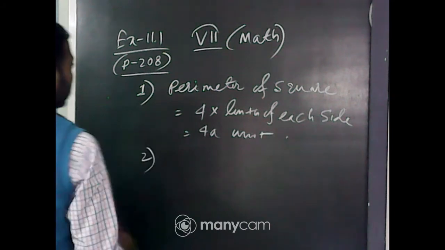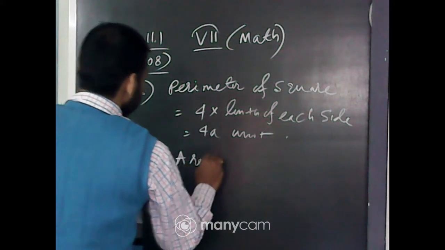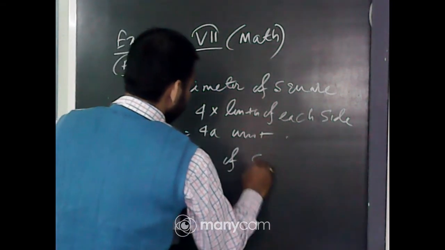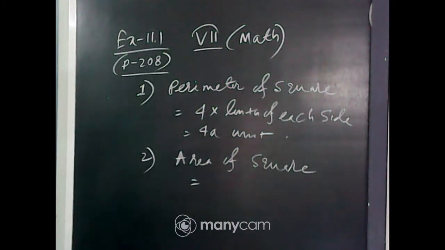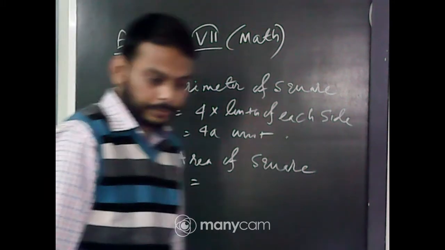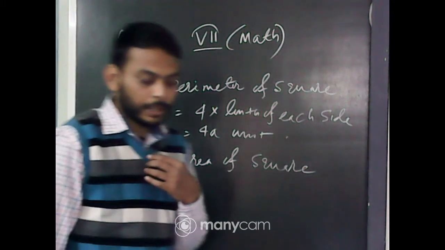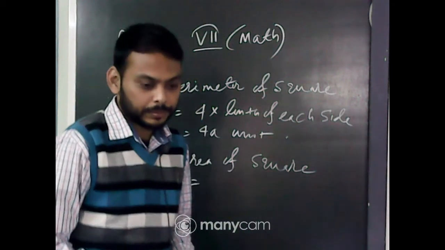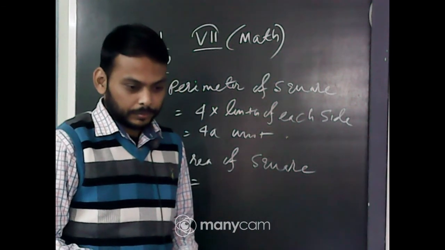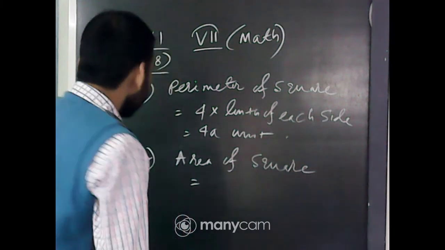Number 2, area of square. Can anyone tell me area of square? Actually, you have to type it here. A square, very good.